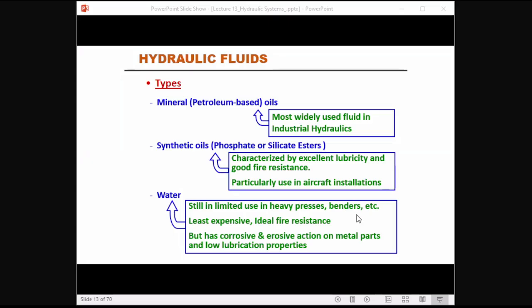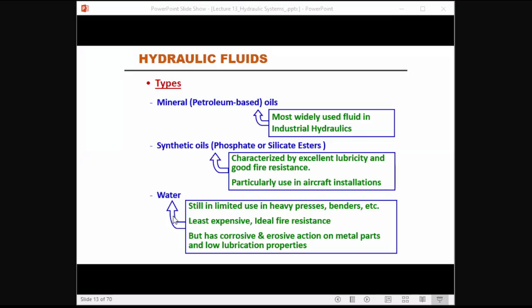Okay, and more. And then it is least expensive, but has corrosion. Okay, water has an effect of corrosion. Okay, then metal corrosion can occur due to water.